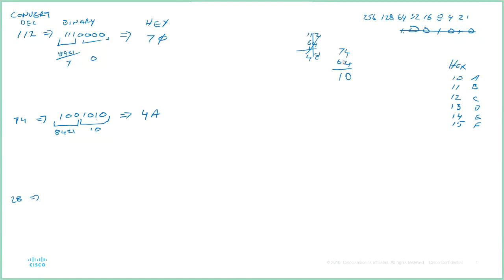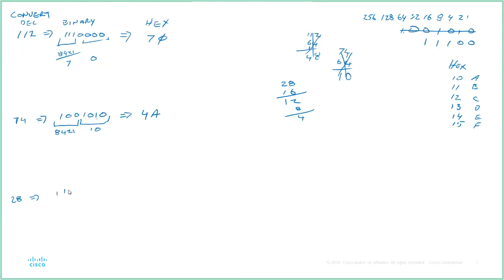So the next one, we've got 28, so we have a 16, which leaves us 12, which is an 8 and a 4.